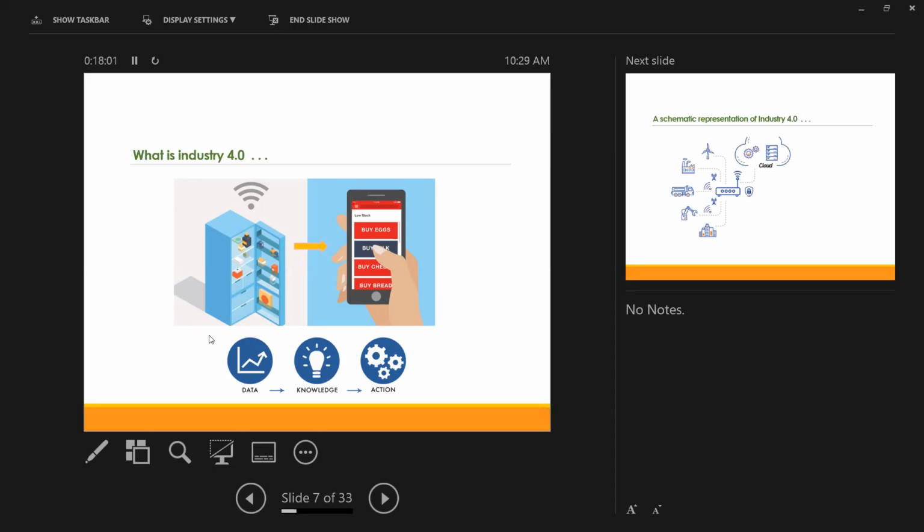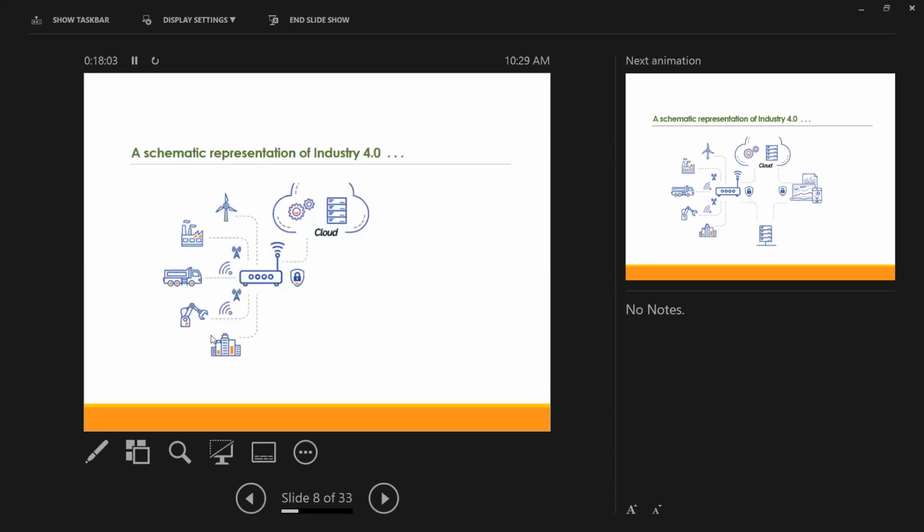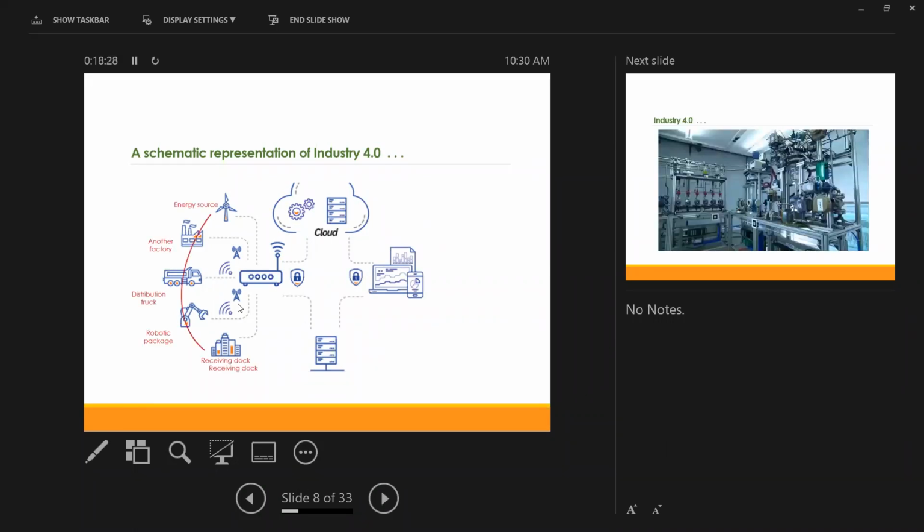It is something closer to this, whereby we have the machines, the equipment. This is the receiving, talking to the robot. The robot is sending data to the cloud. And based on the data being sent to the cloud, we can analyze the data, then send back information. It involves a complex interaction between machines.